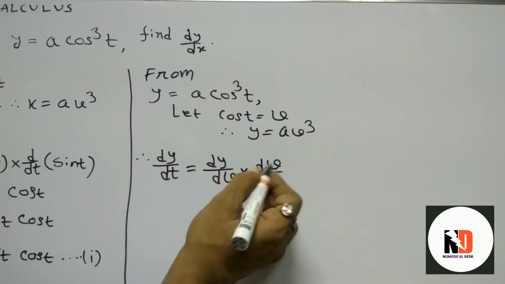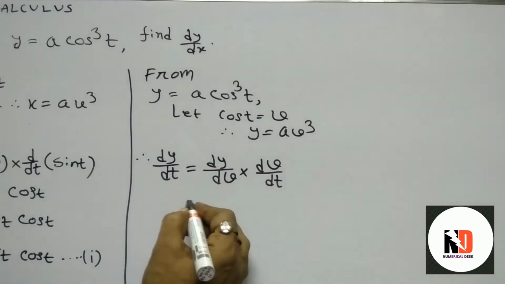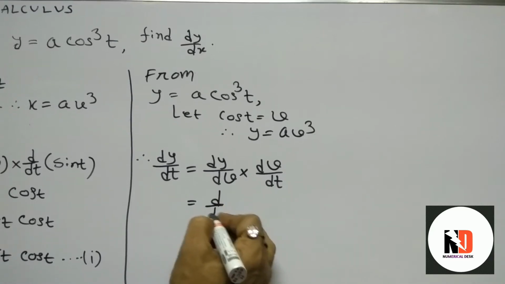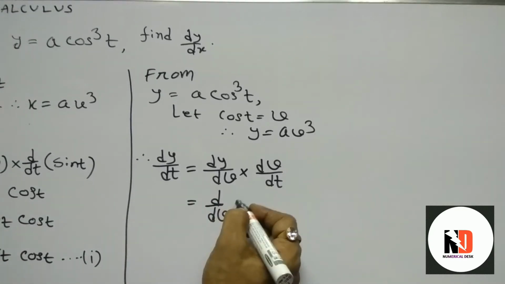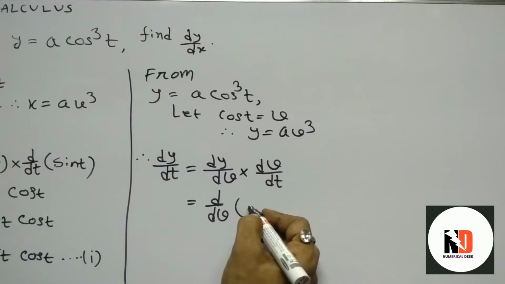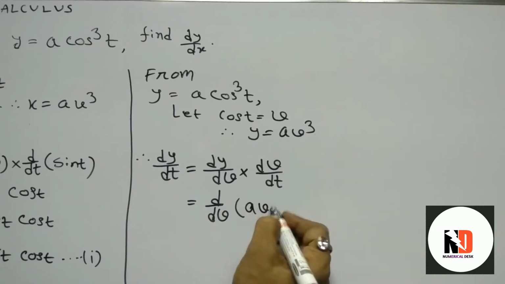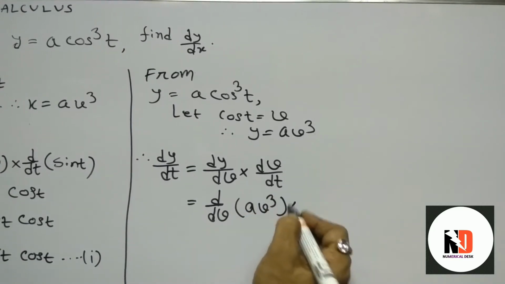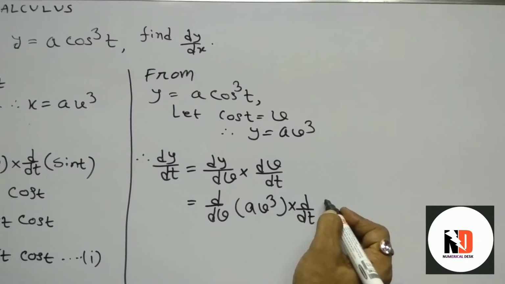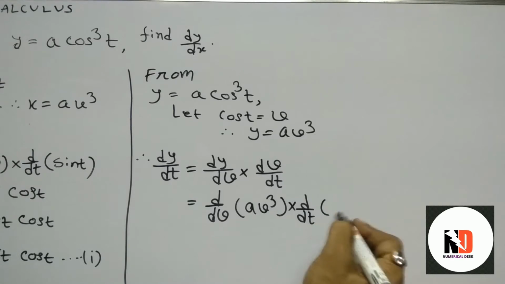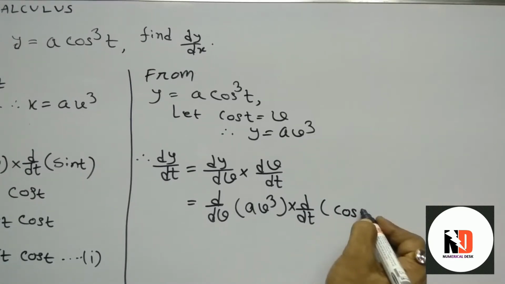Simple. So dv appears to cancel. So dy by dv, y is in terms of v cube. So a v cube, we must write a v cube. And now dv by dt, v is in terms of t, so cos t.